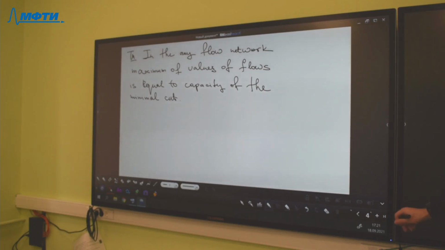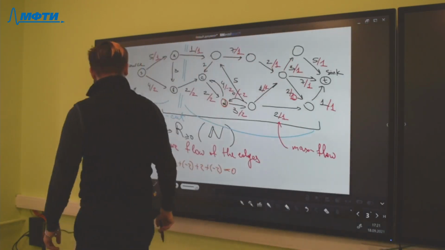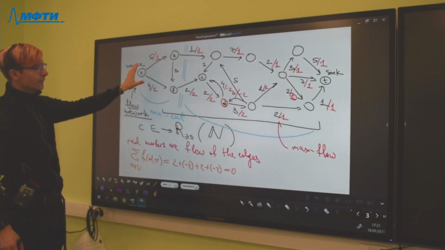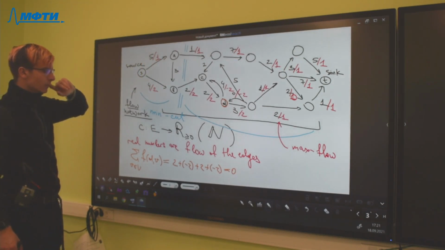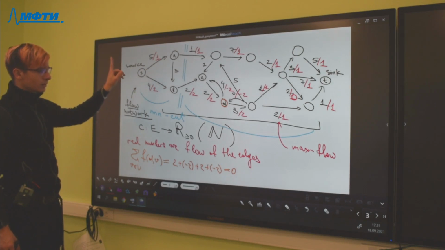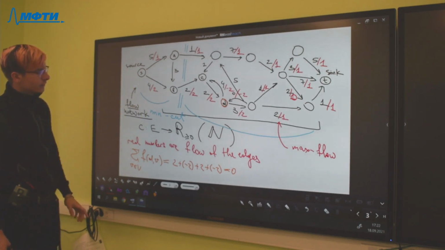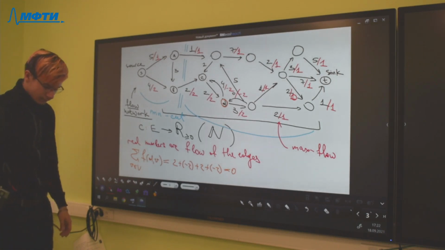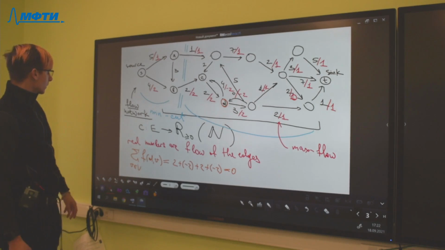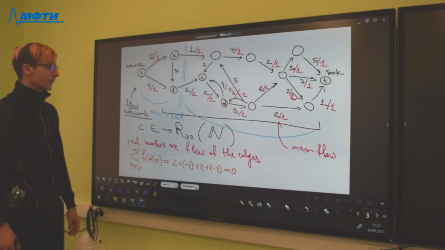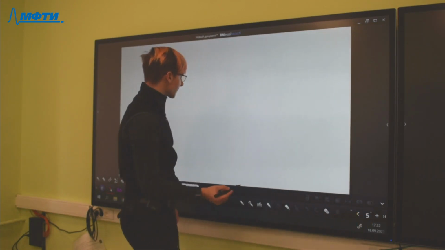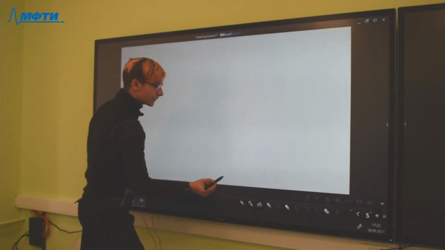But now we can see that if we have a flow in the network and have capacities, we can draw another network, named a residual network, that can be built by the algorithm. And I take another example for this.